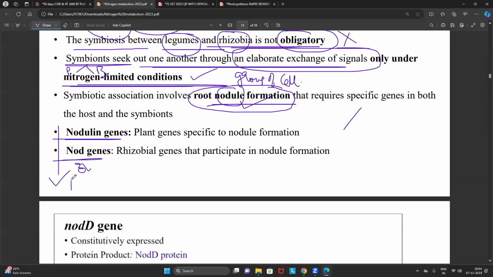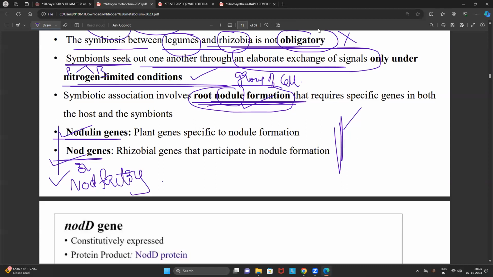Nod genes are widely called nod factors. Correct? Now remember, all the students: nodulin genes and nod genes are both exclusively required for root nodule formation.